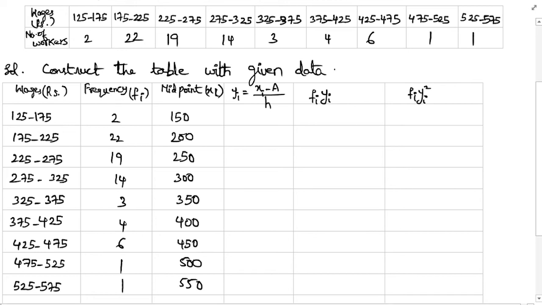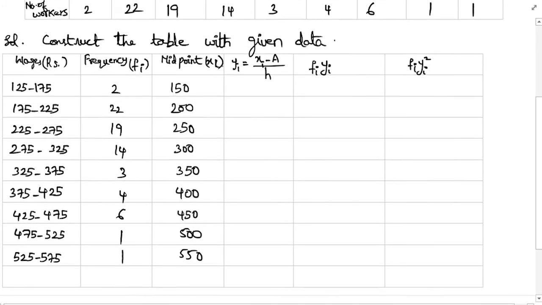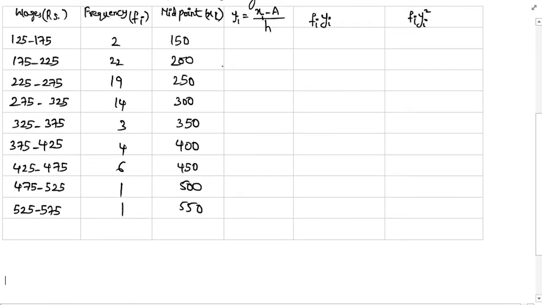Now we have to calculate yi. Yi is equal to xi minus a by h. So here h is the class interval and a is our assumed mean, right? So first we'll calculate that below the table. What is the width of the class interval here? That is h is equal to 175 minus 125, which is 50, right?